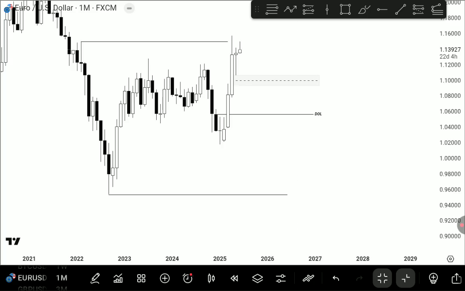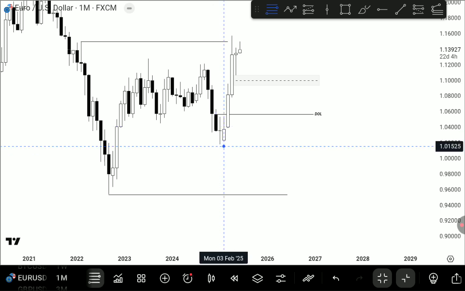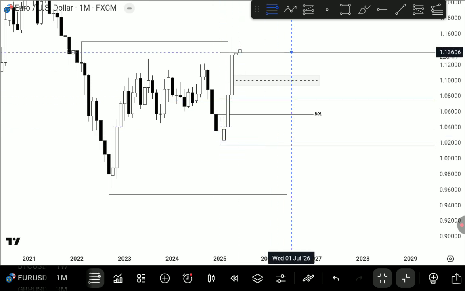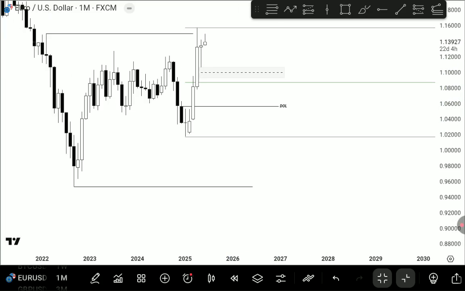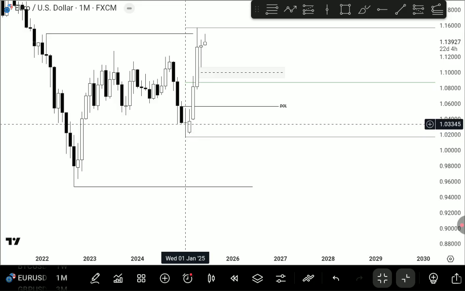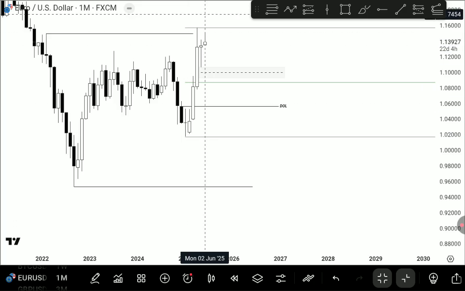And there's also another concept for price that is called dealing range dynamics, dealing range mechanics, sorry. That simply revolves around the idea that price never moves in a straight line.